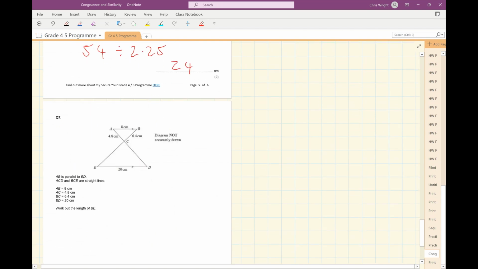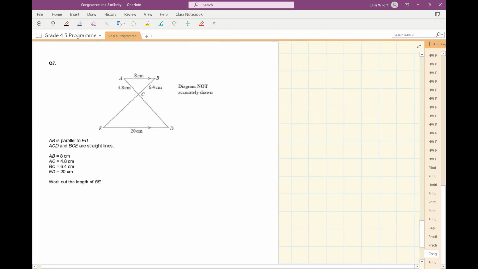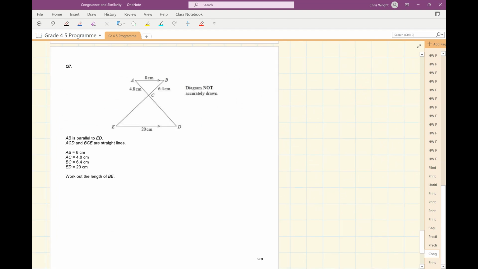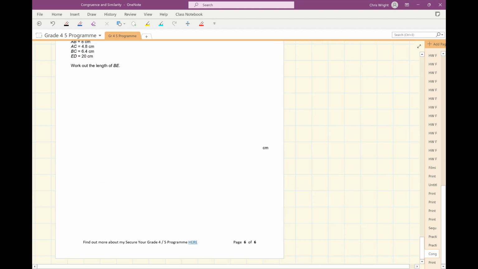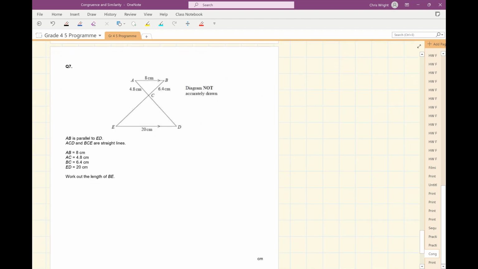Question 7. Now, we need to be slightly careful with question 7 because that diagram is misleading. This angle is equal to that angle.